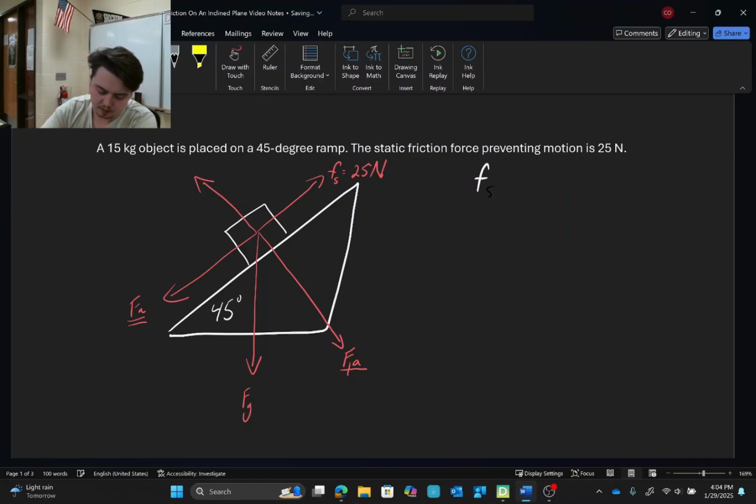The friction, and then normal force. What are you doing, Mr. Owens? Normal force. There we go. All right. So we have the static force already given to us, and then we need the force applied perpendicular, the force applied parallel, the force of gravity, and then the normal force.